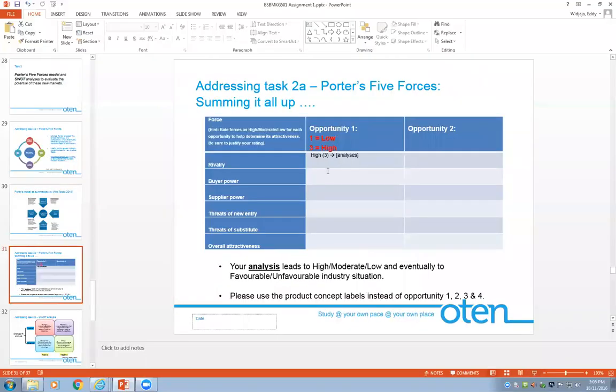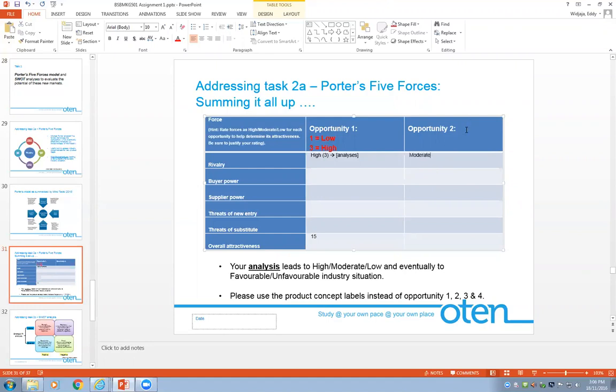Okay, and we do the same thing for buyer power, supplier power, and so on and so forth. And for overall attractiveness in here, you can add the rating. Let's say we get 15 for argument's sake. And we do the same thing for opportunity 2, let's say this is a moderate opportunity.